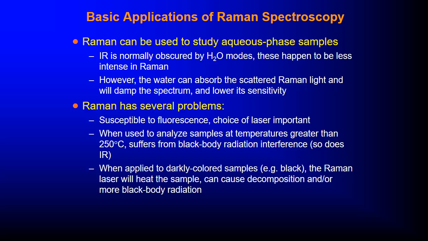When used to analyze samples at temperatures greater than 250 degrees Celsius, it suffers from black body radiation interference, and the same problem is also observed in IR. When applied to darkly colored samples, the Raman laser will hit the sample, can cause decomposition and or more black body radiation. That's a very big issue.